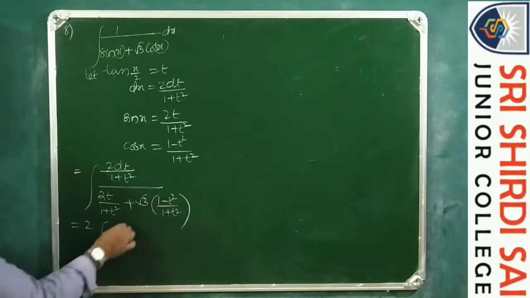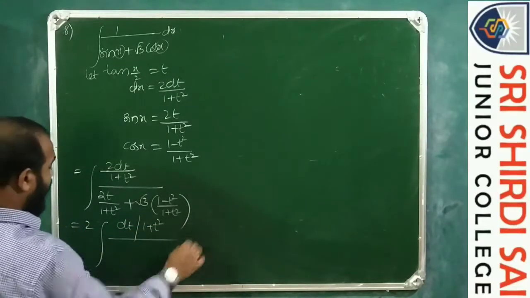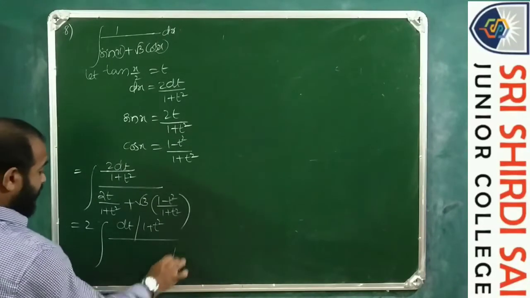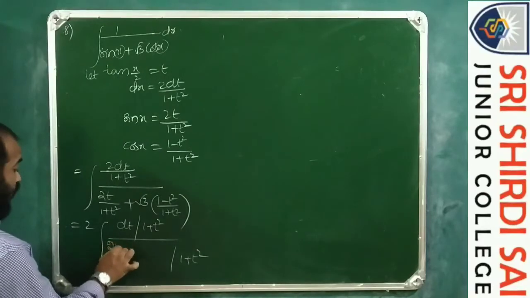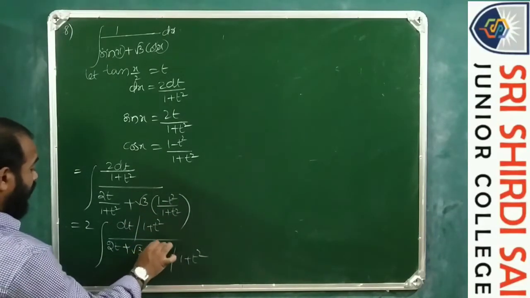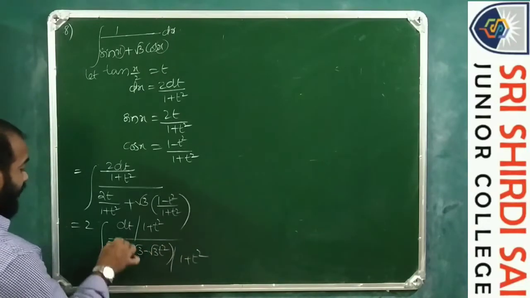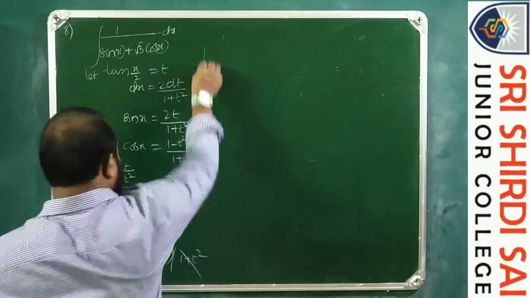So 2, let us write it outside, by 1 plus t square by 1 plus t square is the LCM here. Then we will get 2t plus root 3 into 1 minus t square. So root 3 minus root 3 t square. So 1 plus t square, 1 plus t square gets cancelled.